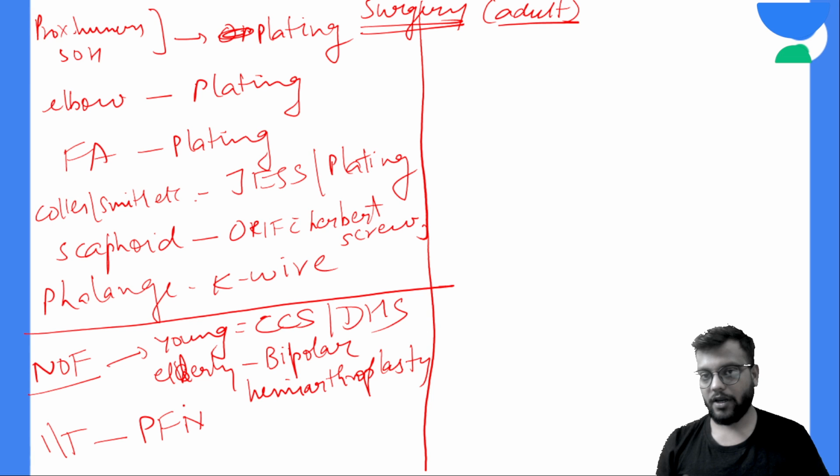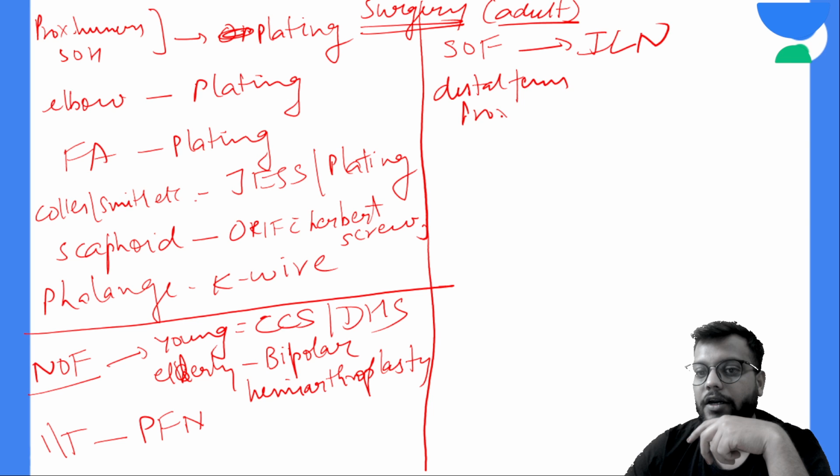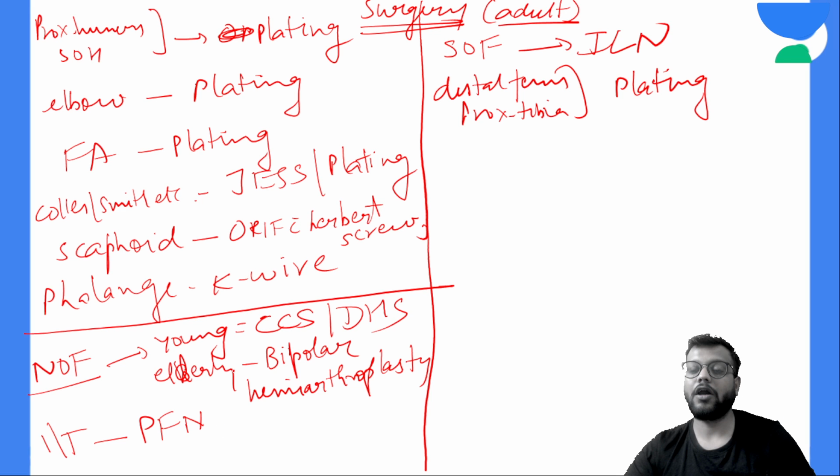Then for the distal femur or proximal tibia intra-articular, you go for plating, that is ORIF, and interlocking nail and PFN are both CRIF. For tibia, you go for the interlocking tibia nail, again CRIF.